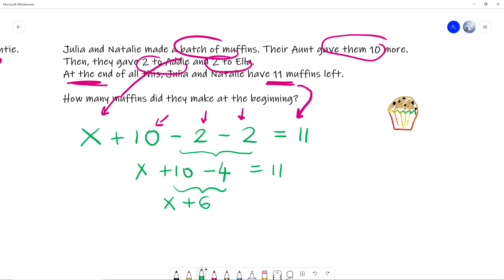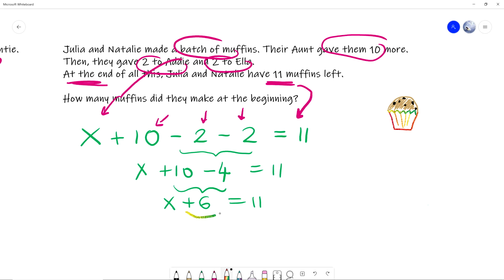So that is x plus 6 equals 11. How about now? Then I would take 11 and subtract 6 from it to get the answer for x. Very good. We learn that x equals 5.